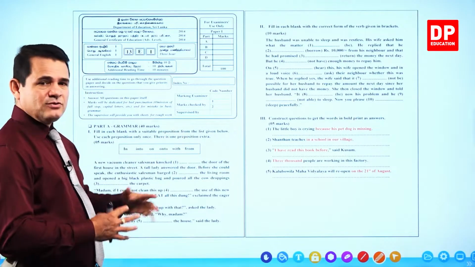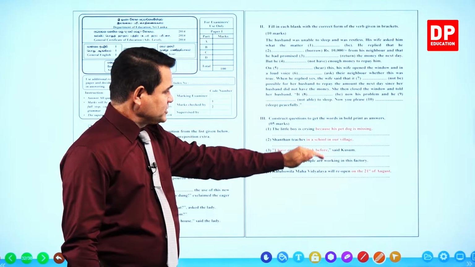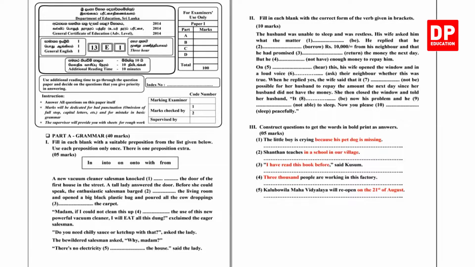And below that now you can see the question as part A, grammar. Grammar questions are there. Fill in the blanks using these words. And once again, using the correct form of the verb, you have to fill in the blanks. Next question, to construct questions, question formation.